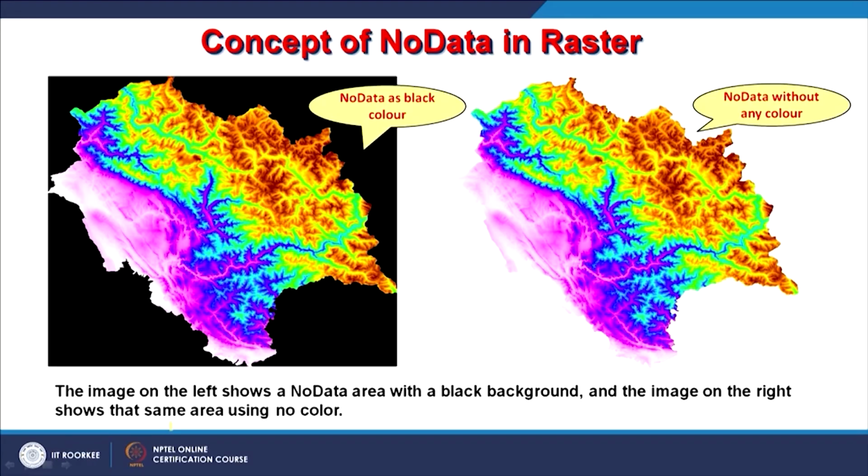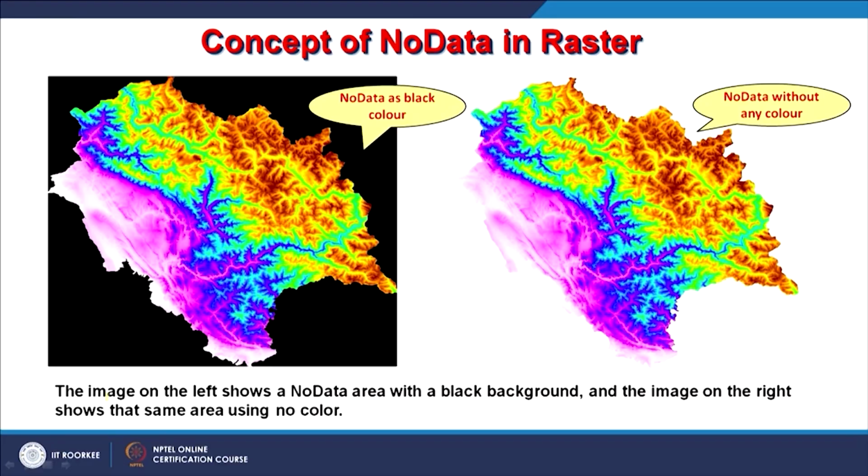So, we can change that and say that if the value is no data, assign white color. So, it mixes with the background of my screen, like the image on the right. Here the user visualizing such a data set will not see those black areas and will not feel that it is either rectangular or square. He would only see the arbitrary boundary.